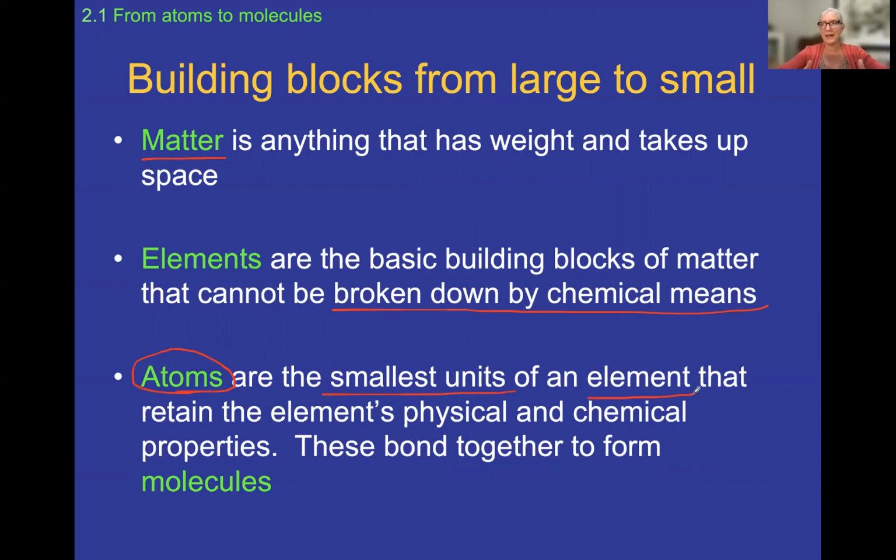So we find the element in nature. The very, very smallest particle of an element is an atom. We bind atoms together, then you have molecules. At least 2 or more atoms connected makes a molecule. So one atom plus one atom makes a molecule, or hundreds or thousands of atoms make molecules.